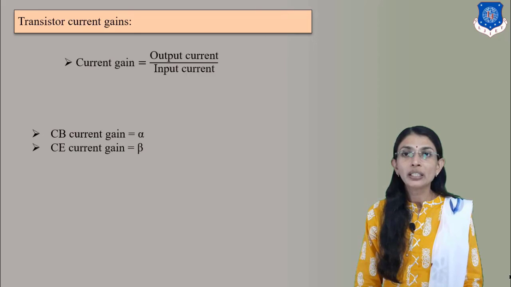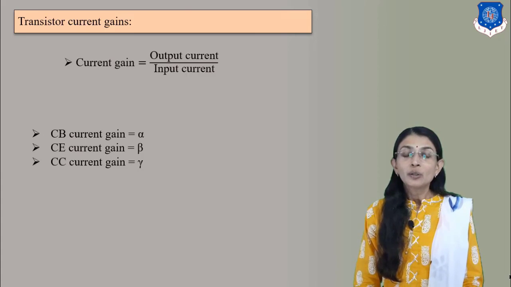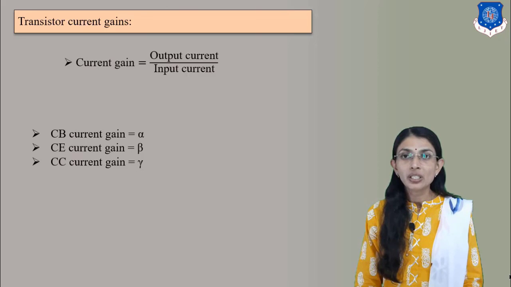CE configuration current gain is defined by beta, and similarly CC current gain is denoted by gamma. For common base configuration, alpha is the current gain IC upon IE, because IC is the output current and IE is the input current, as base is common. So we have the ratio of output to input current, IC upon IE.